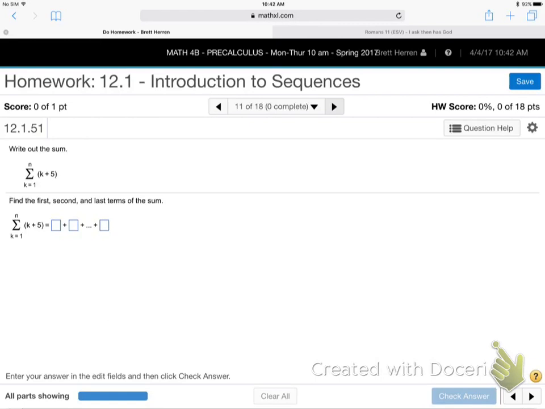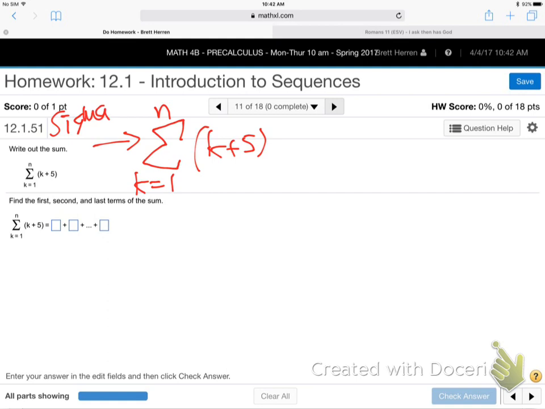Greek symbol. Have we seen this before? Yeah, sigma. It's a Greek S, and it stands for sum.